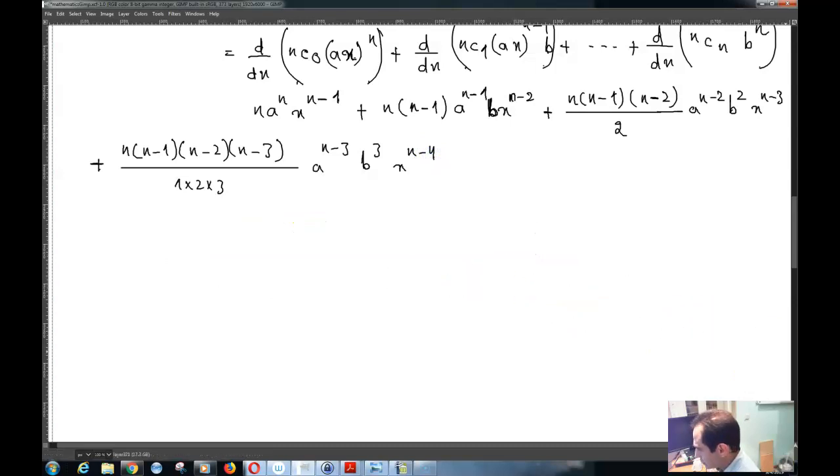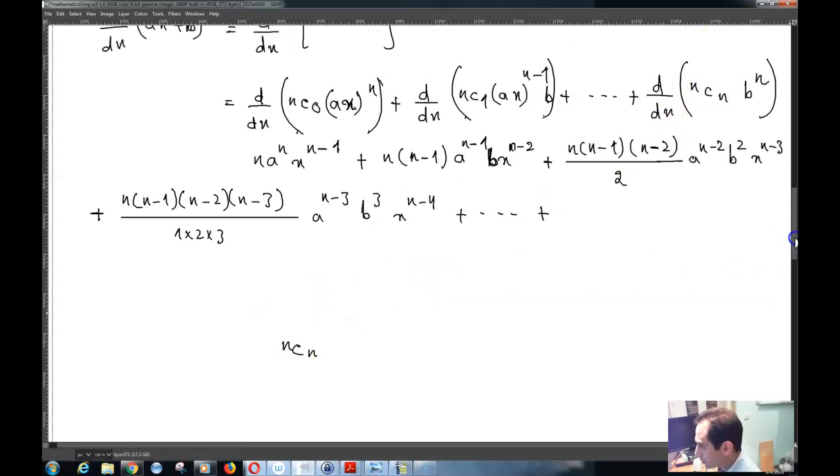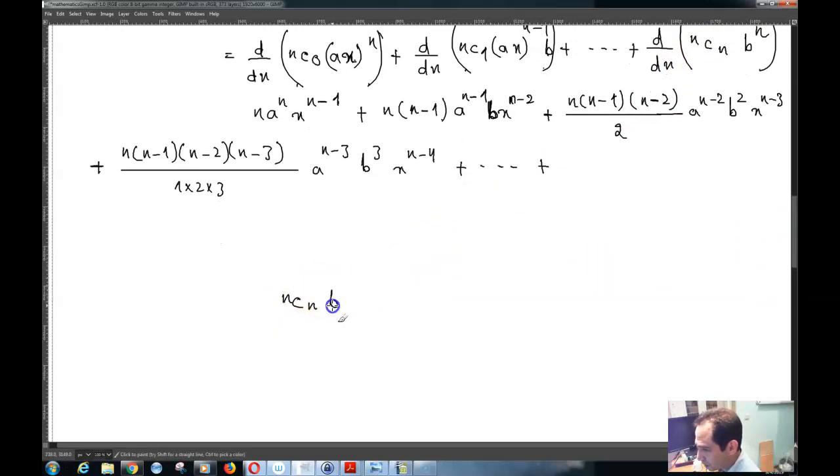And then the last term that you have is n combination n, b raised to the power n, which is just some constant, and the derivative of this is going to be 0.